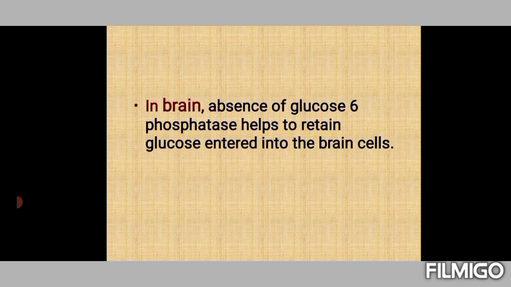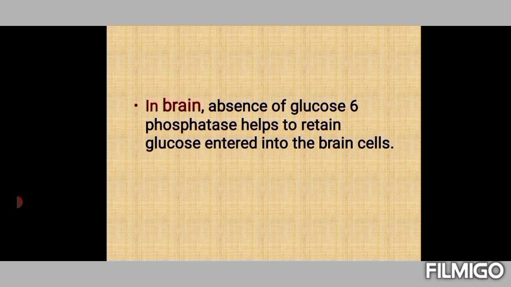This is the same as in brain also. There again glucose 6-phosphatase is absent in brain. And brain, most importantly, brain and RBC, as we know, brain uses glucose as the primary energy source. And it is during prolonged starvation only that brain turns to some other fuel molecules.